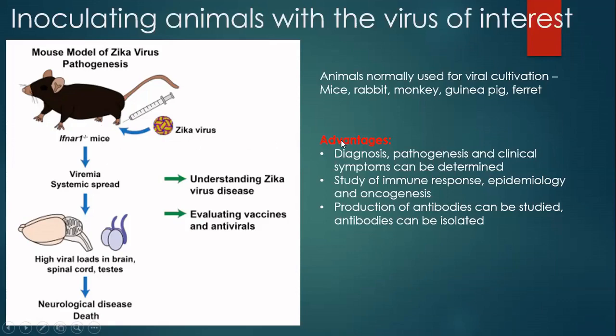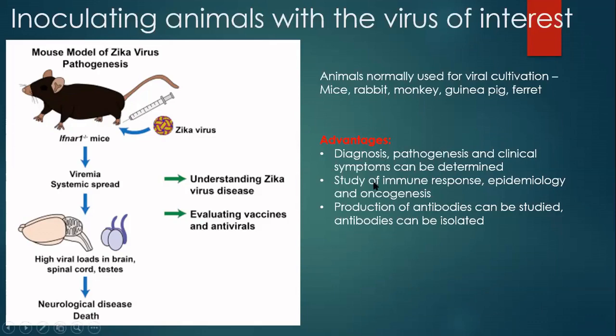So the advantages of inoculating animals with the virus of interest are that we can determine what are the clinical symptoms of the disease, how does the disease progress, what is the pathogenesis, and also how can the disease be diagnosed.